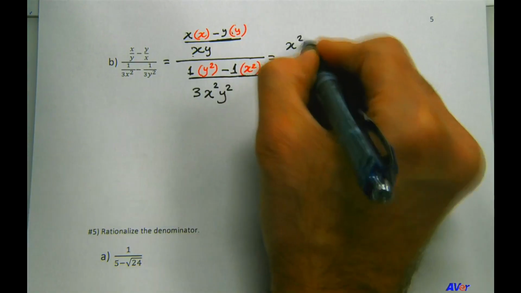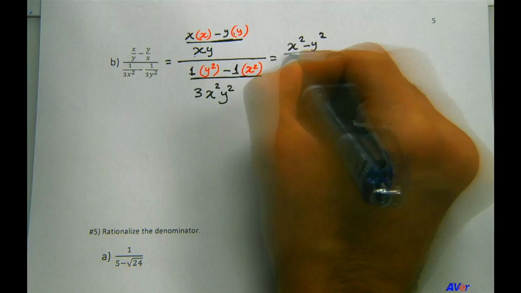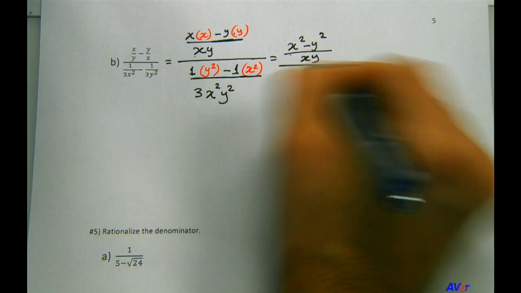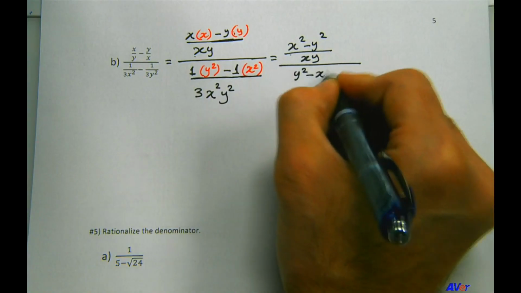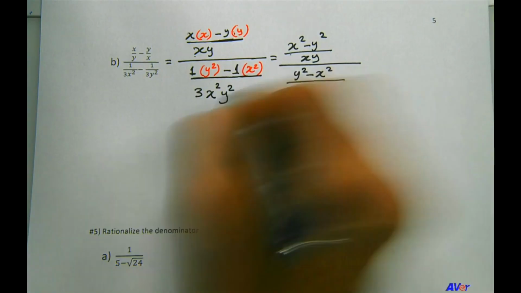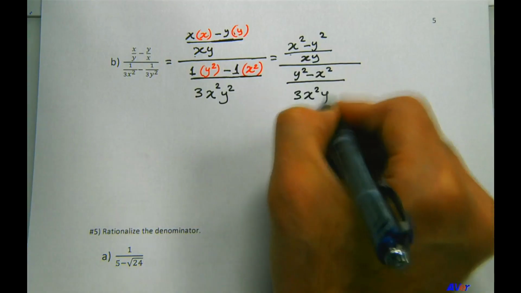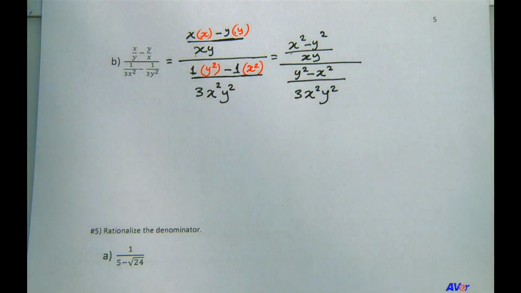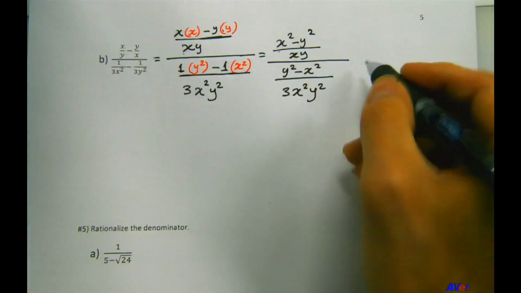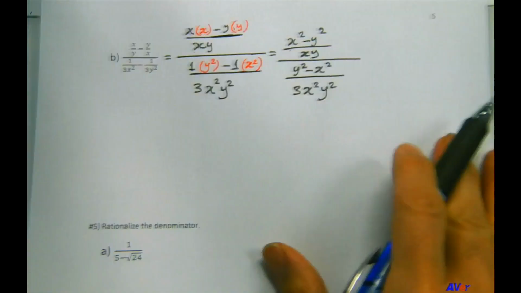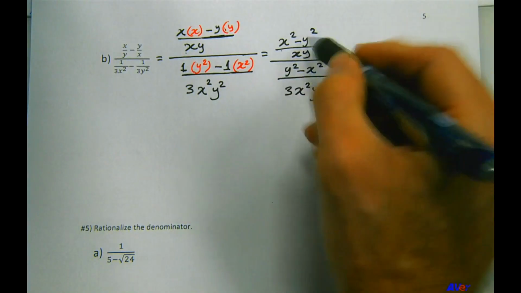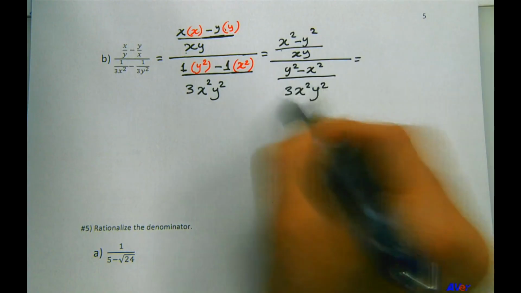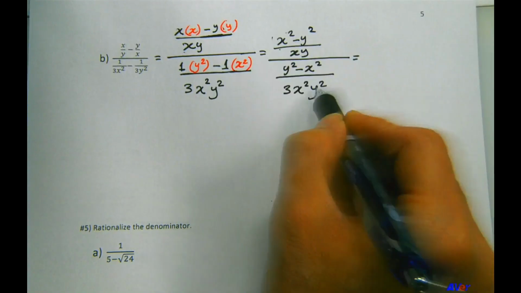Okay, so let's simplify. So we have x squared minus y squared divided by xy, divided by y squared minus x squared divided by 3x squared y squared. When we were talking about simplifying complex fractions, I said to take a look at the farthest terms, multiply them, and put them in the numerator.